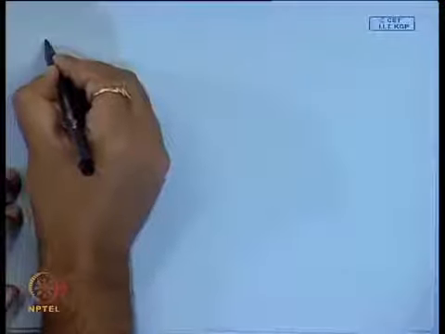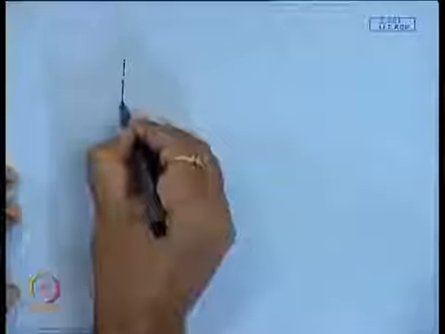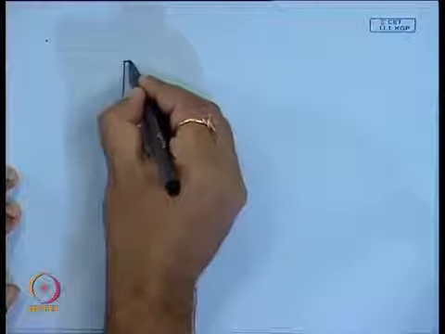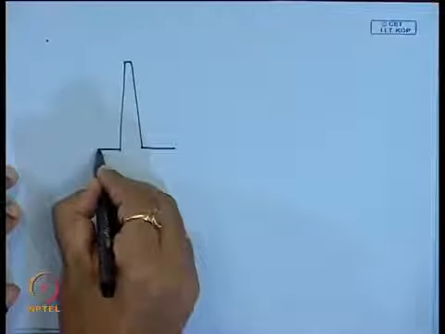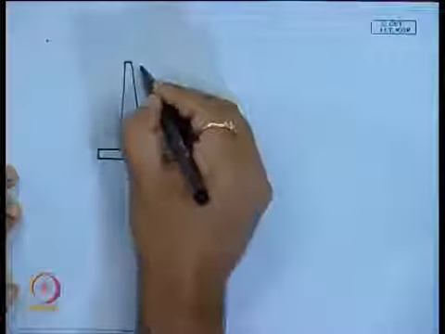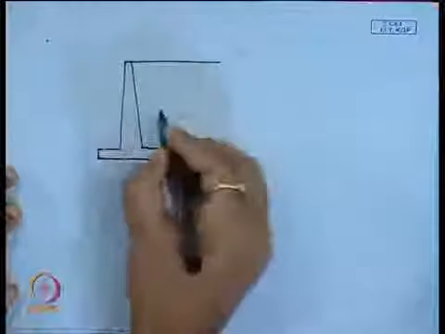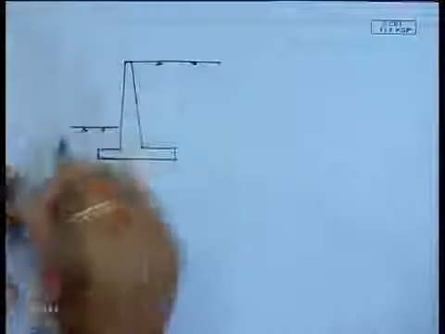Now, there are a few things that you have to clarify. Suppose this is the retaining wall and we can use the Rankine's theory. If I consider the same retaining wall, this is our foundation, this is the ground surface, this is the backfill side.